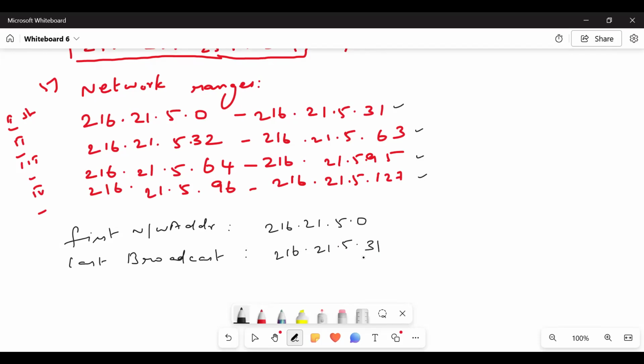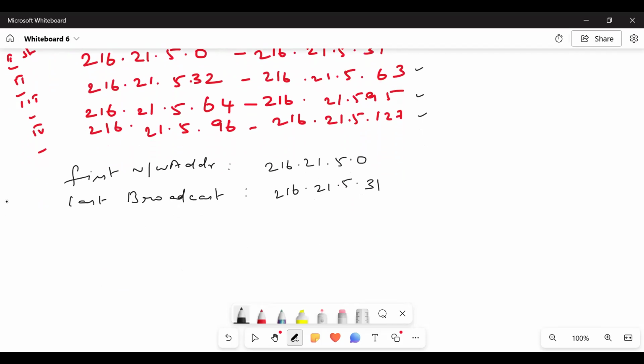Likewise, for each subnet we can write. And the usable IP: how can we write? Usable IP starts from 216.21.5.1, so 216.21.5.1 to, likewise, it will be going on.